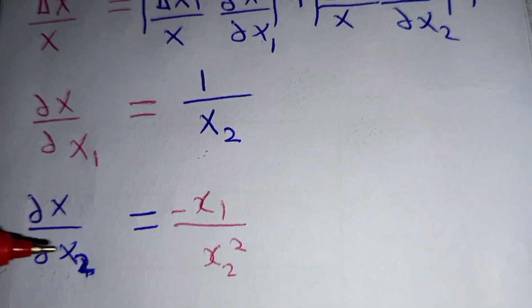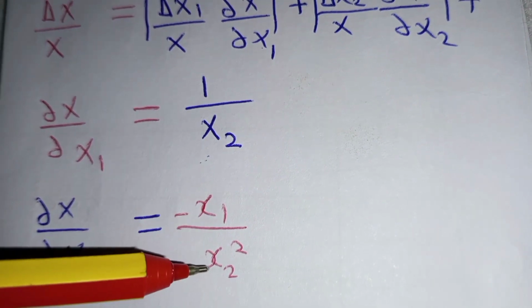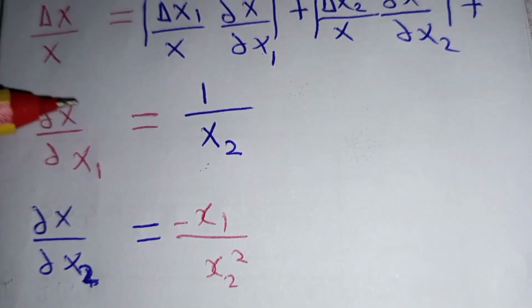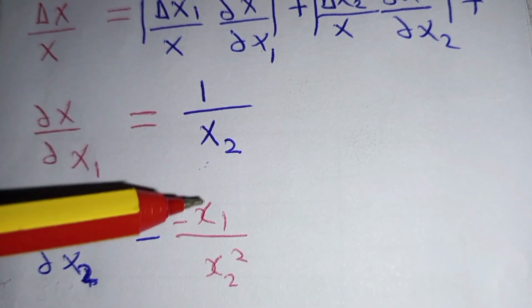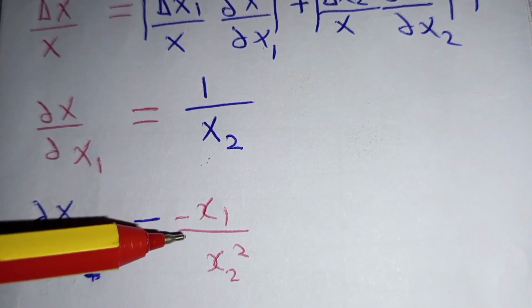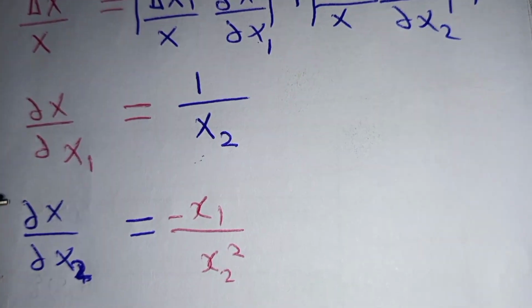When we do that, we obtain negative x1 divided by x2 squared. When you differentiate 1 over x2, the result is negative 1 divided by x2 squared, by the quotient rule.